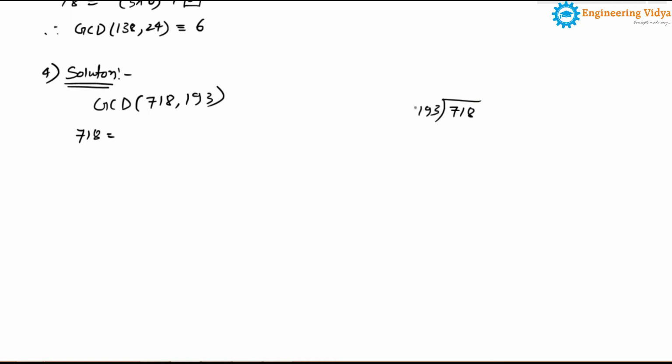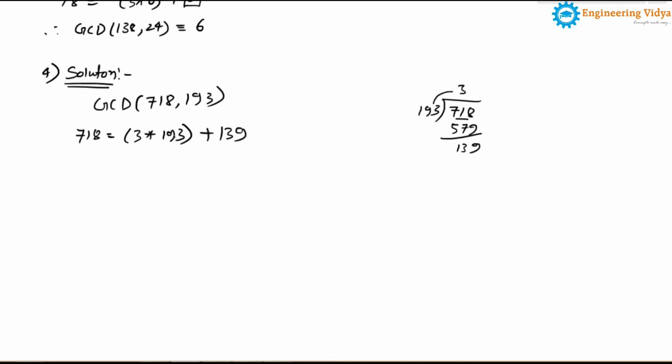It will go 3 times, and the result will be 579, and the remainder 139. So hence we can write 718 is equal to 3 into 193 plus the remainder 139.